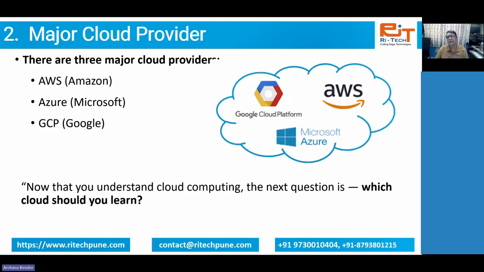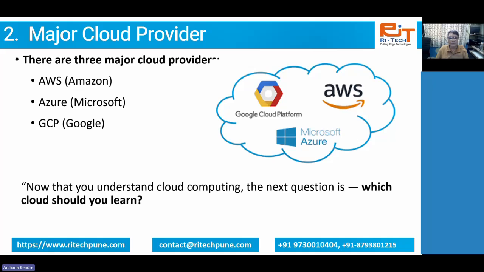We are saying these are three major cloud providers, but if you look at the share, AWS has more than 50% share of the cloud market, whereas Azure has more than 44% share. So GCP has a very small share in cloud infrastructure.